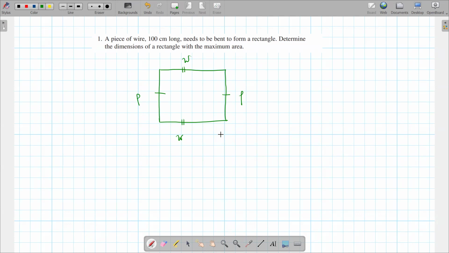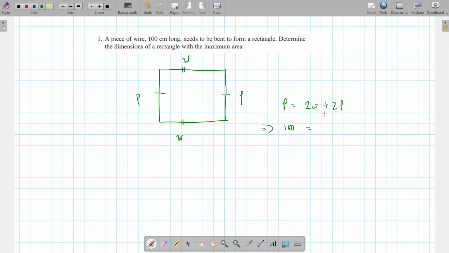2W plus 2L. So we know the perimeter is 2W plus 2L. And what is the perimeter? How much wiring do we have? That would be the perimeter, 100 centimeters. Can we pull out anything here?